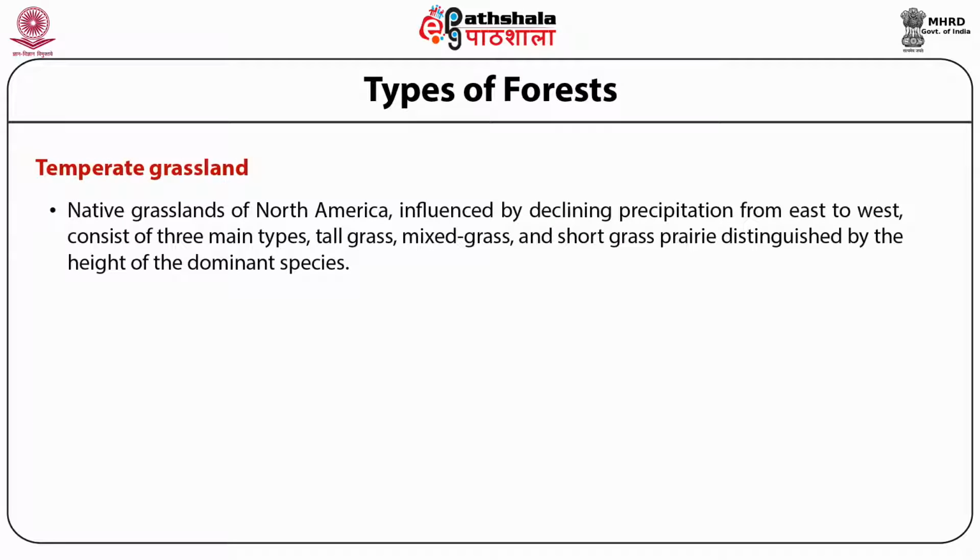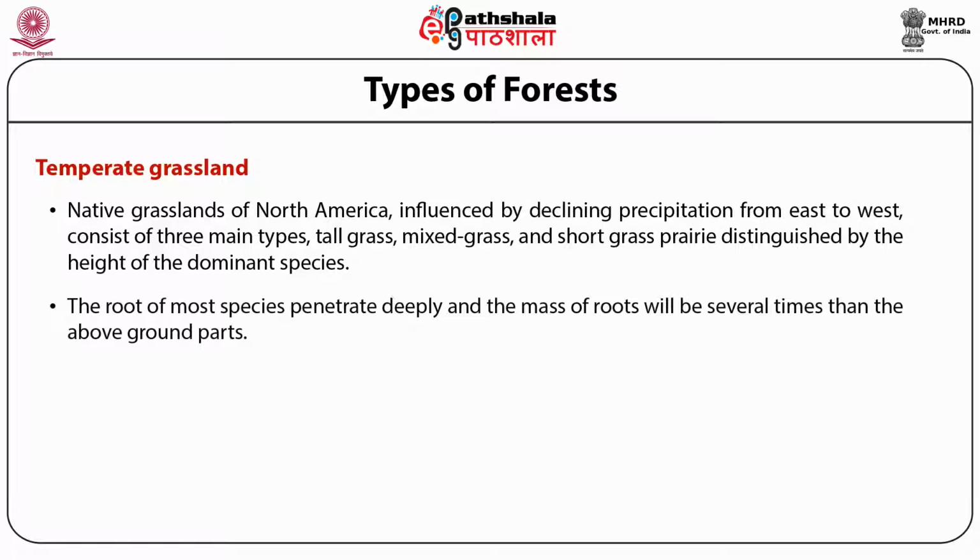Native grasslands of North America, influenced by declining precipitation from east to west, consist of three main types: tall grass, mixed grass, and short grass prairies, distinguished by the height of the dominant species. The roots of most species penetrate deeply, and the mass of roots will be several times that of the above-ground parts.